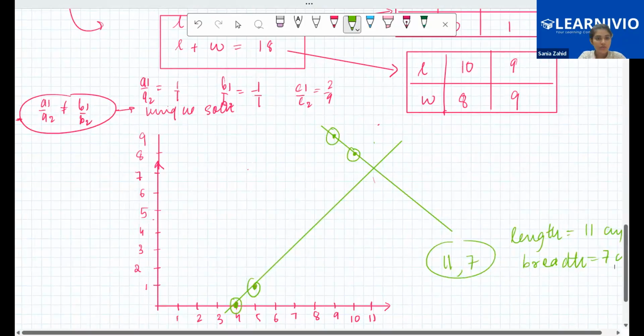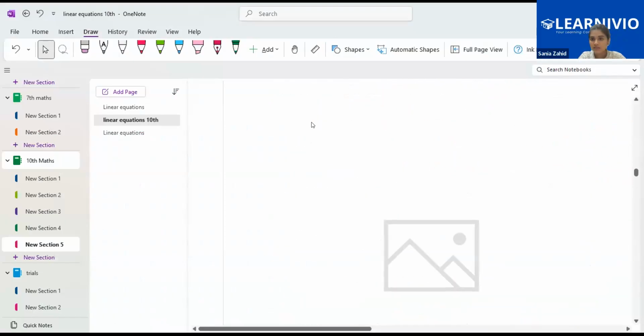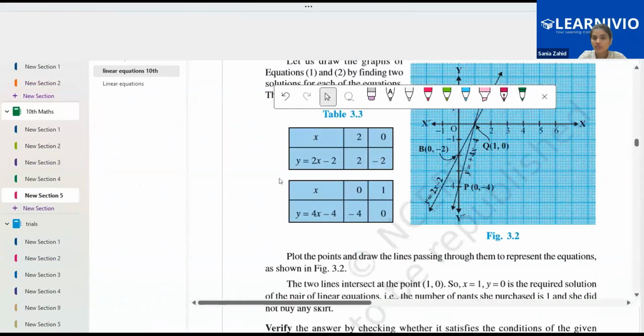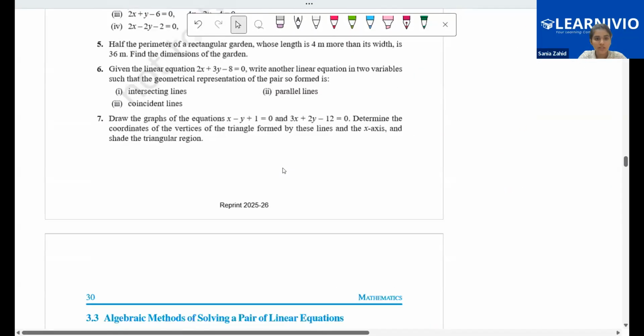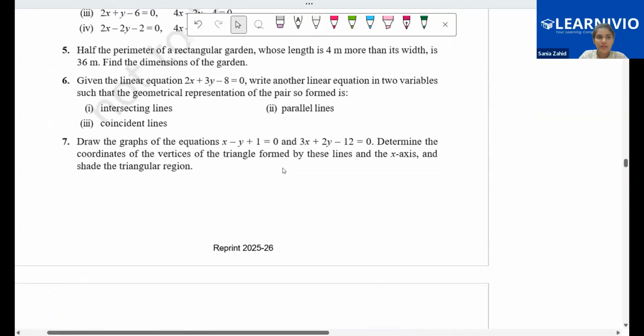It is a very interesting question, and it says that you've been given some points, and now you have to form a triangle of those points. We have done question 5. Question 6 says, given linear equations, write another equation in two variables such that the geometrical representation of the pair so formed is intersecting lines, coincident, or parallel.